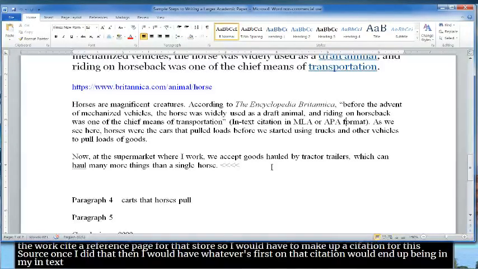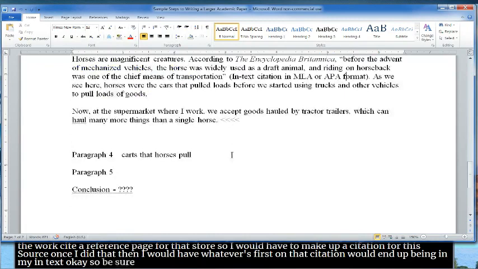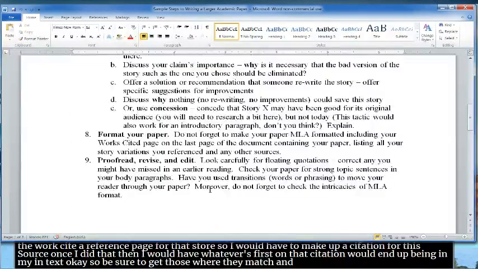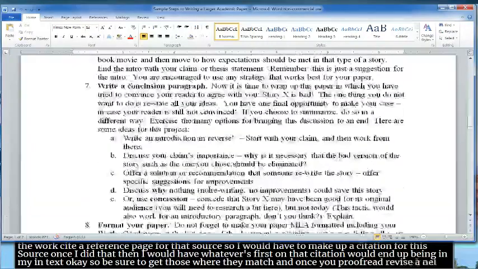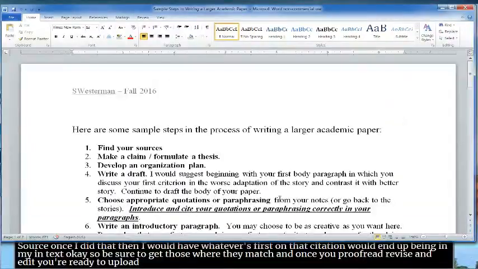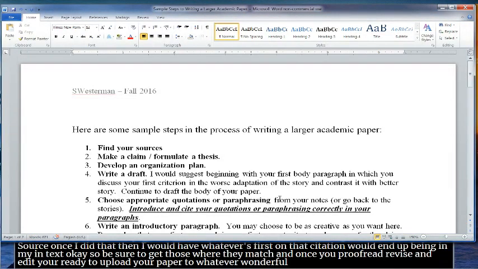Okay. So be sure to get those where they match. And once you proofread, revise, and edit, you're ready to upload your paper to whatever wonderful Moodle, Blackboard your teacher is using.